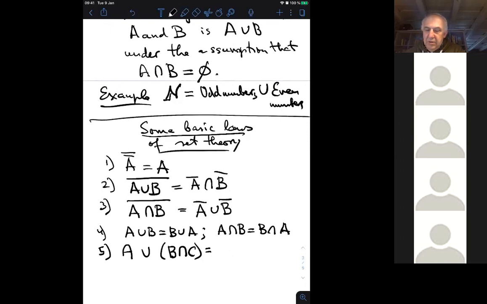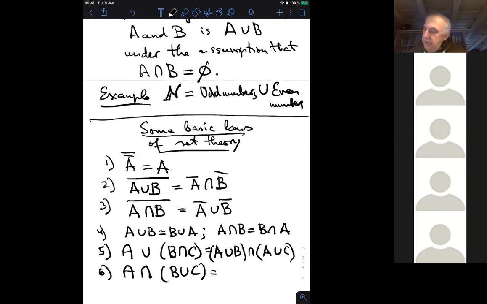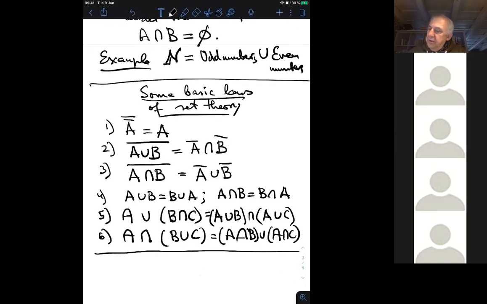Well, we can take two unions, A with B and A with C, and then intersect those. And similarly, with the operations intersection and union changing places, we have this kind of relation. Okay, maybe you are already familiar with all that.